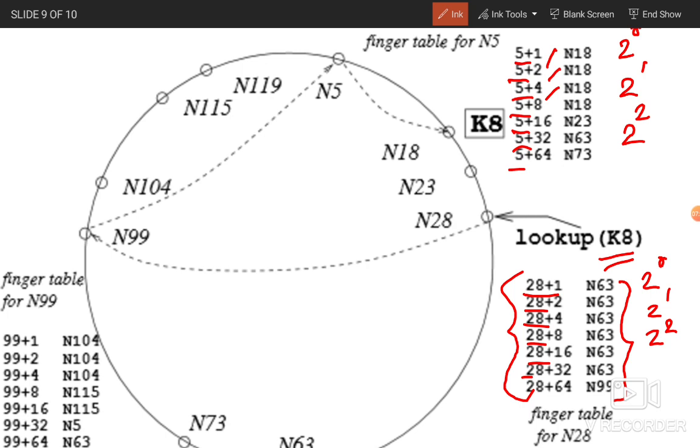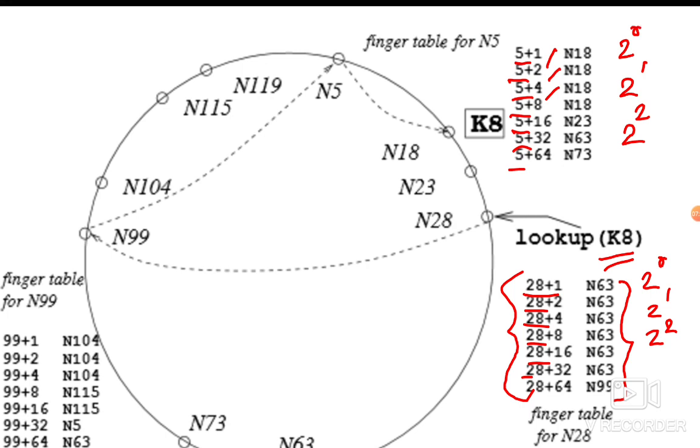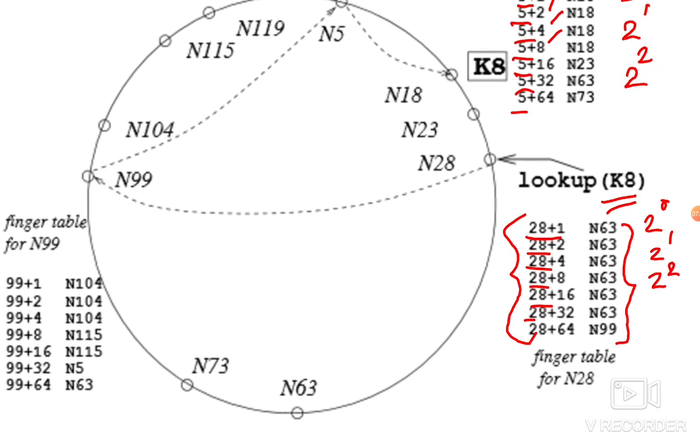It is a waste to search for a particular key in the region of N63 and N73. So we skip those entries and the query is forwarded directly to node 99. Again, to map the query, we use the finger table of N99 to find the suitable place for the key 8. The best suitable place is node 5.